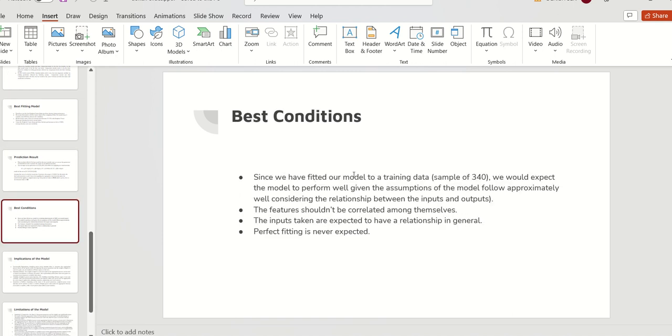Since we have fitted our models to training data of 340, we would expect the model to perform well given the assumptions of the model. The features shouldn't be correlated among themselves, and the inputs taken are expected to have a relationship in general, and perfect fitting is expected.